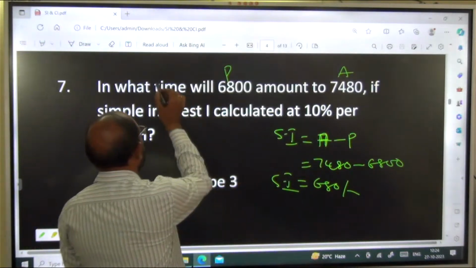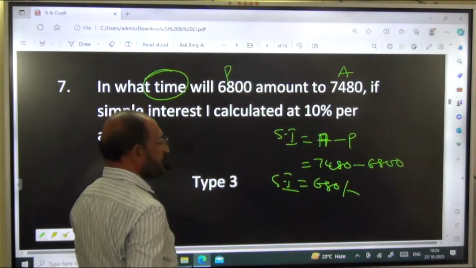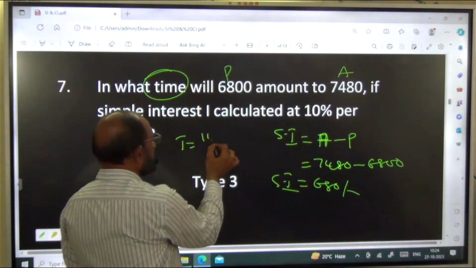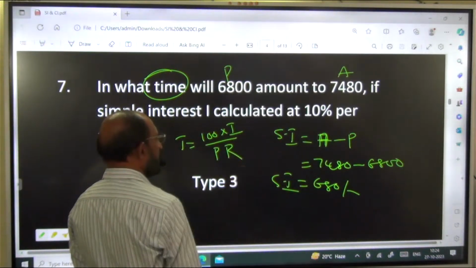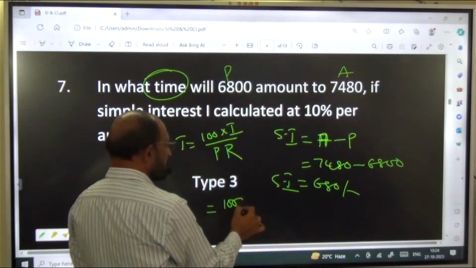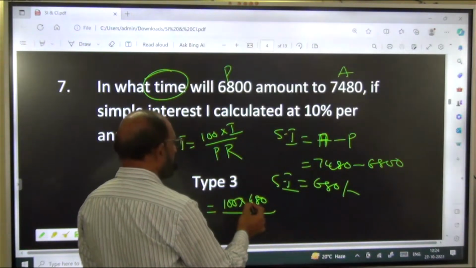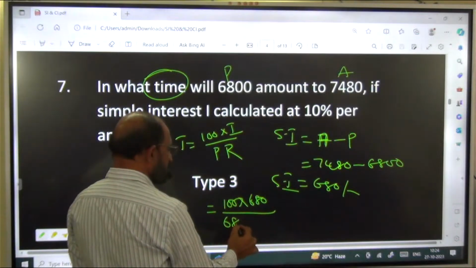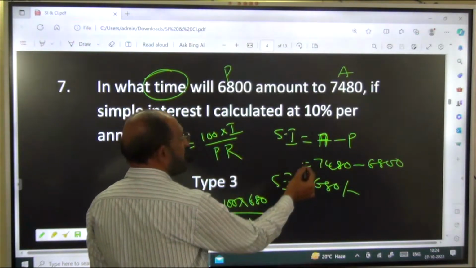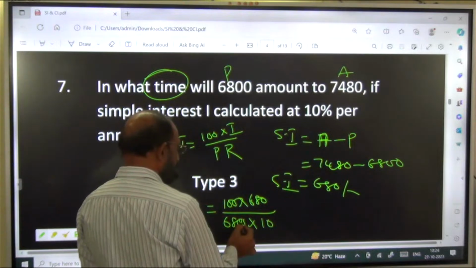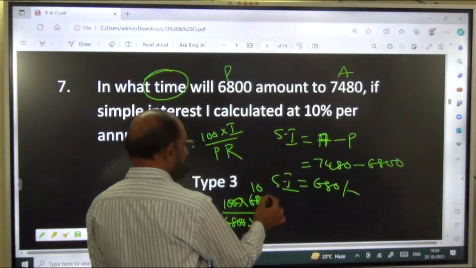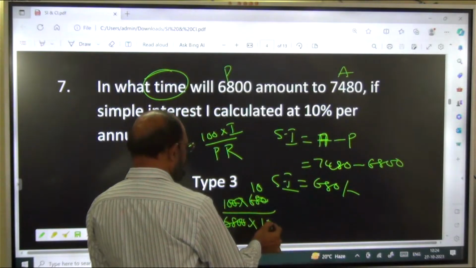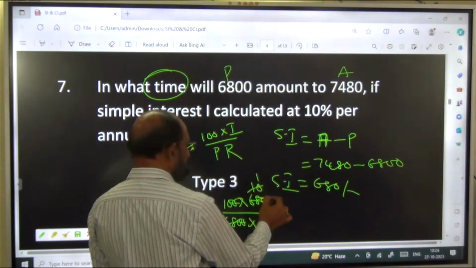We have to find the time. Time formula, what is that? Time is equal to 100 into I by P R. That is equal to 100 into 680 by principal 6,800 into R is 10%. So cancellation. 0s cancel, 68 ones, 68 tens; 10 ones, 10 ones.